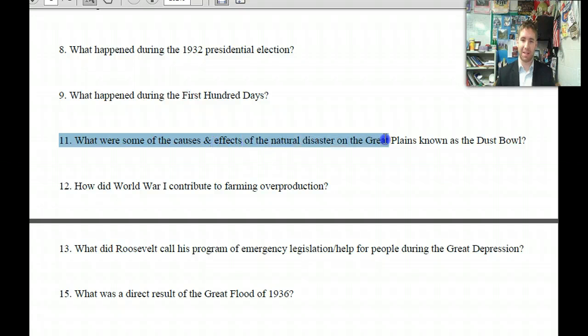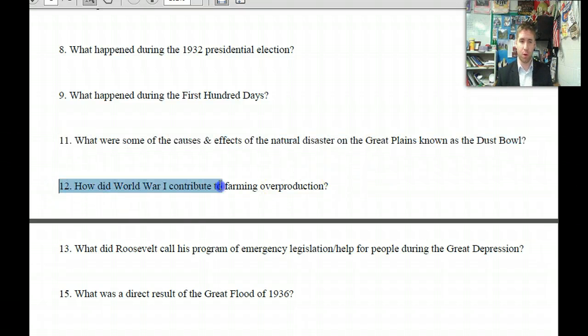Some of the cause and effects of the natural disaster in the Great Plains, known as the Dust Bowl. If you remember, some of the things we had talked a lot about goes to the idea of overproduction. It kind of ties into number 12 here. So we have farmers all through the Great Plains that are producing massive amounts of product, massive amounts of grains, whether it's corn, beans, wheat, sorghum, whatever, and they're tearing up all that soil.